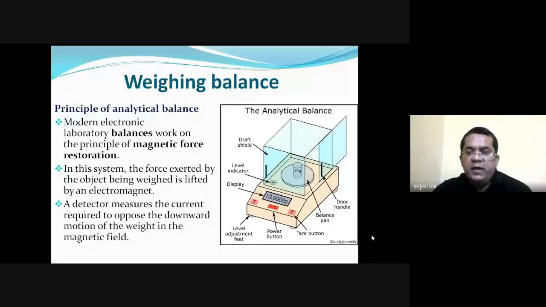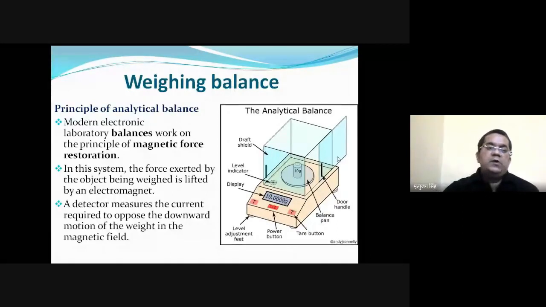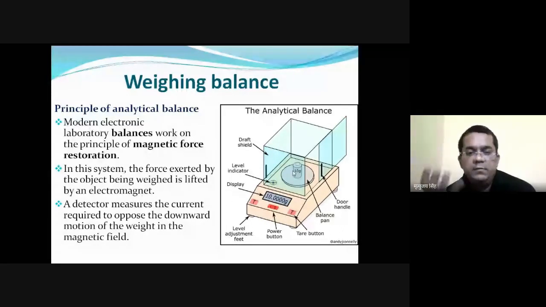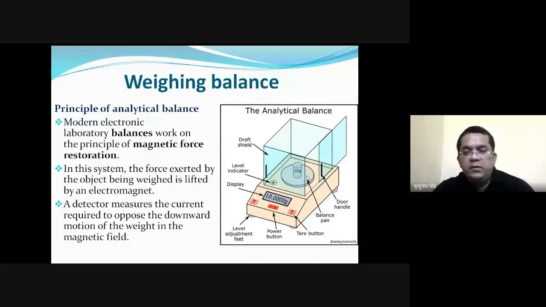This is the pictorial diagram of an analytical balance. The modern analytical laboratory balance works on the principle of magnetic force restoration. In this system, the force exerted by the object, here a 10 gram weight, is lifted by an electromagnet. The detector measures the current required to oppose the downward force.